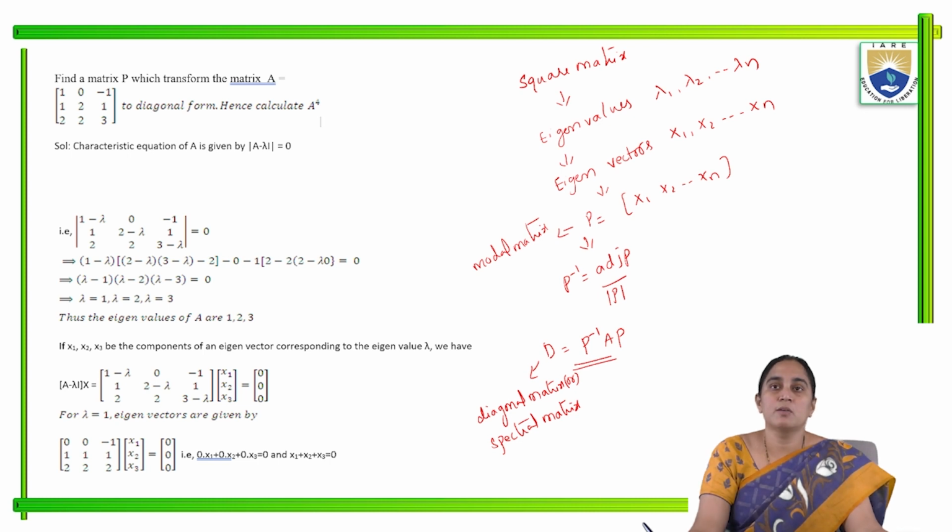If the two are equal, then the given matrix is diagonalizable. If the eigenvalues are distinct, that is definitely diagonalizable. First I want to discuss the case where the eigenvalues are distinct for the given matrix.